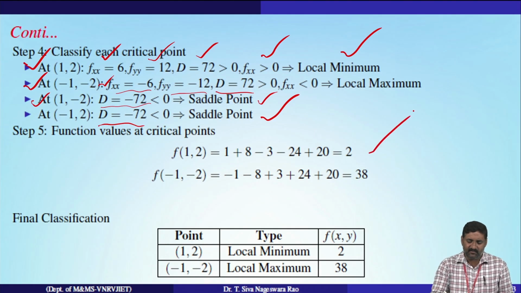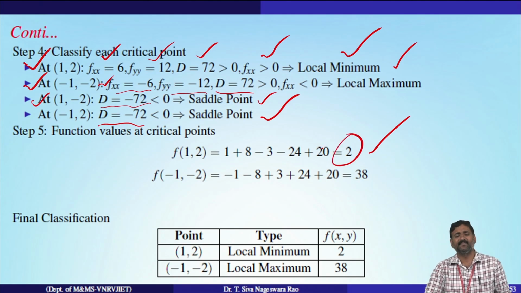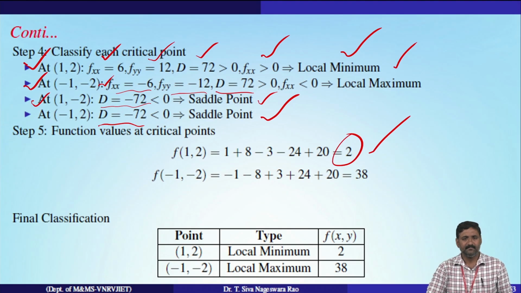So at the point 1 comma 2, already we found the function will have minimum value. So substitute this point into the given function, you will get the answer as 2. So 2 is the minimum value.